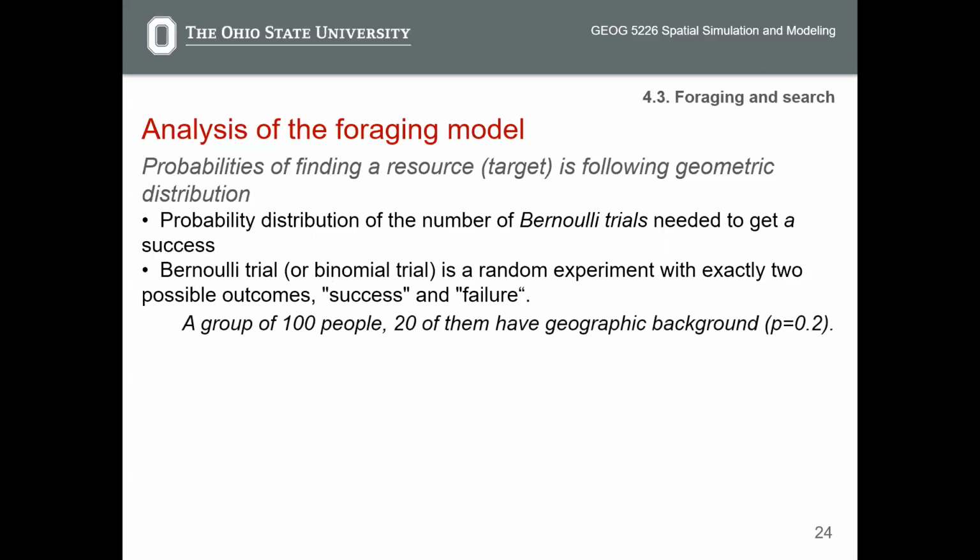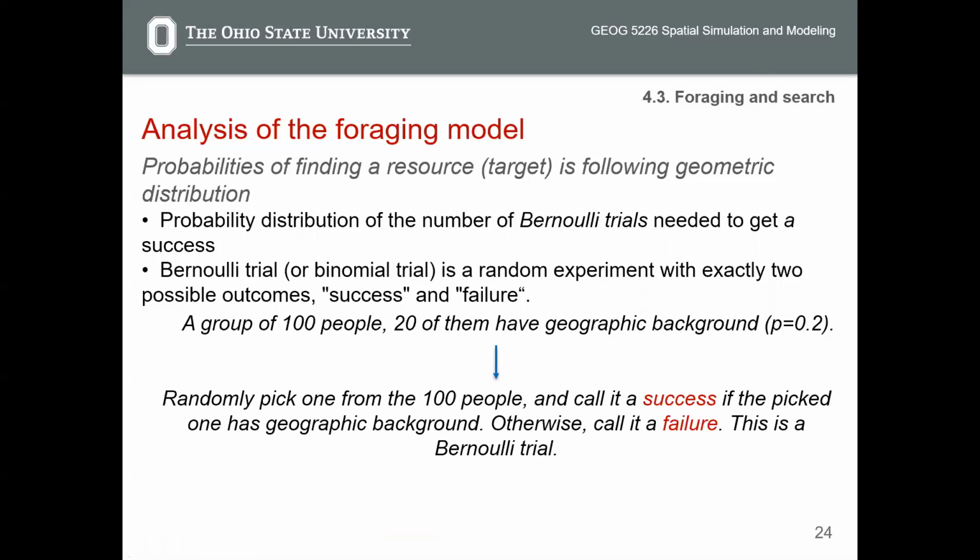So for example, we have a group of 100 people. 20 of them have a geographic background. So P is equal to 0.2. Then we randomly pick one from the 100 people and call it a success only if the picked one has a geographic background. So what's the probability of a success? 0.2, because 20 out of 100 of them have a geographic background.